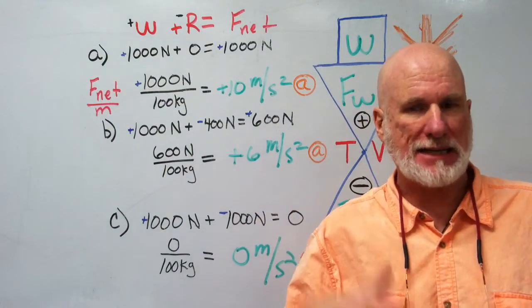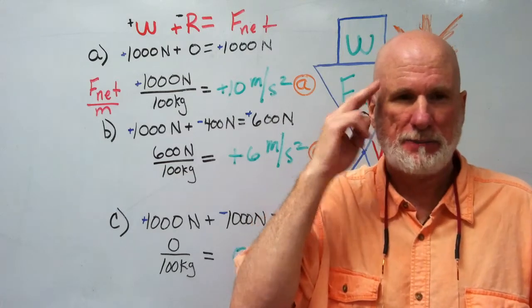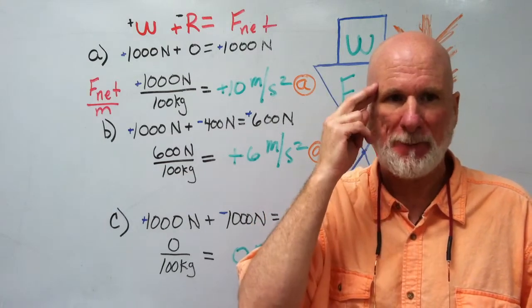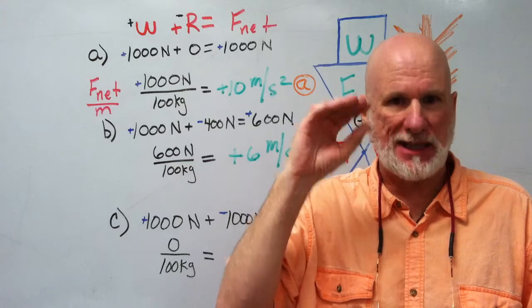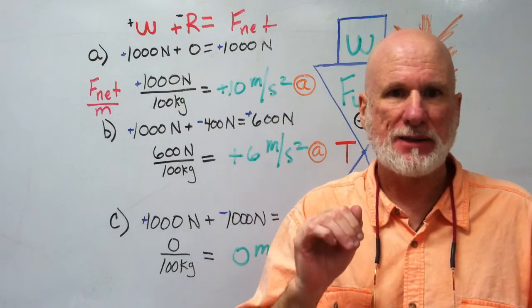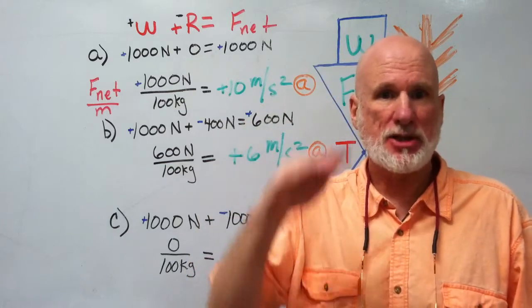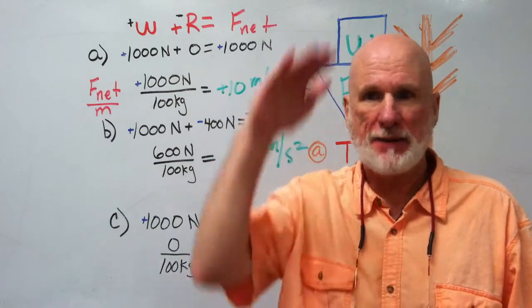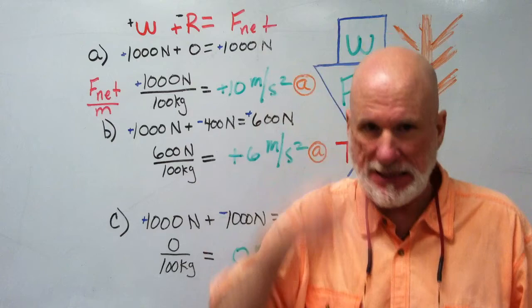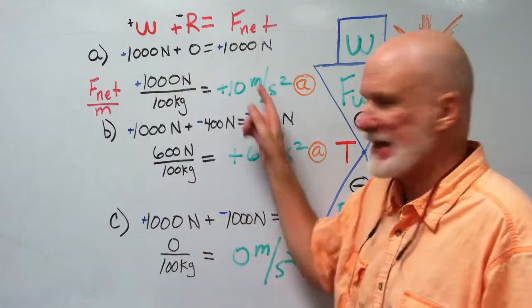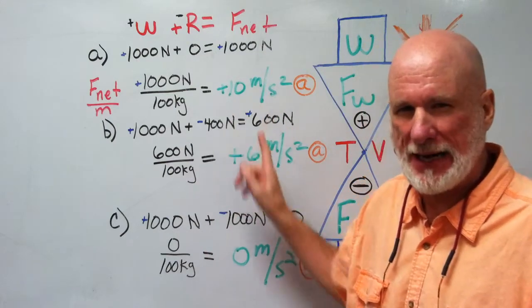It's accelerating less. Be careful, tricky. My acceleration is less, but I'm still moving down, and I'm still increasing velocity. So my velocity is still increasing. I'm still increasing down. My speed is increasing. So don't make that mistake. Think very carefully on that.